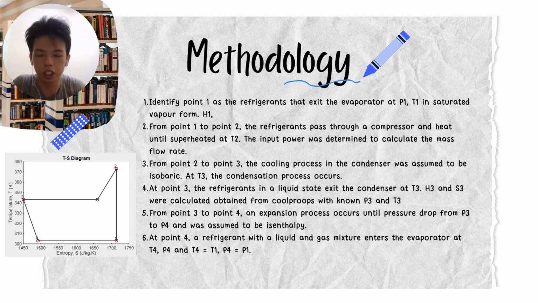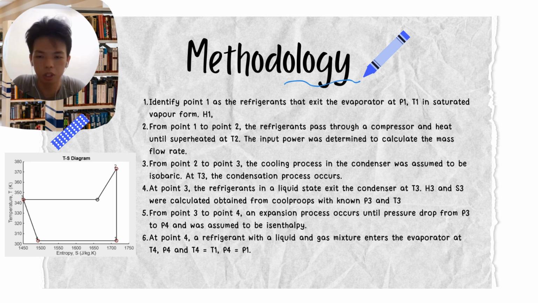From point 2 to point 3 is an isobaric cooling process, and the condensation process will occur at around T3, which is 345 degrees Celsius in this case. At point 3, all refrigerant will turn into liquid state and exit the condenser.